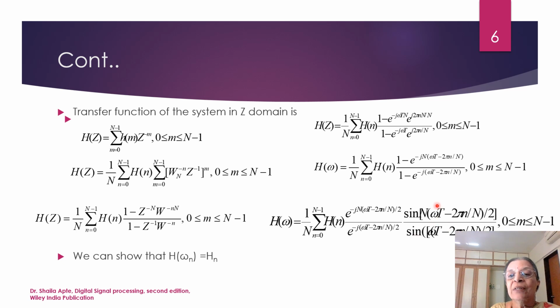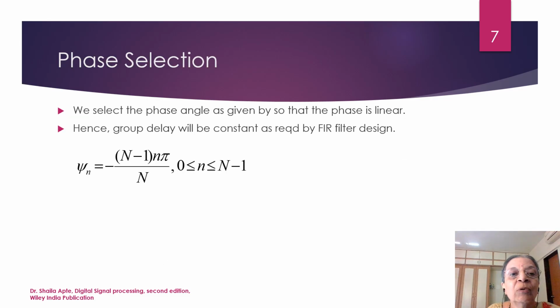We want to express it in the form of sine theta upon theta, so this will be simplified. And how it would look like, we can select the phase response also as shown, so that the phase is linear. So what we do, we select the phase as minus of (N minus 1) n pi upon N. So if the phase is directly proportional to n, it has linear phase. So our purpose is solved in this case.